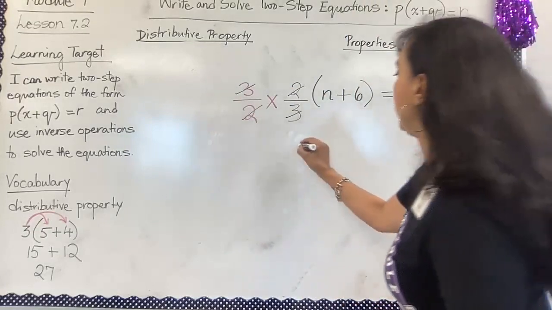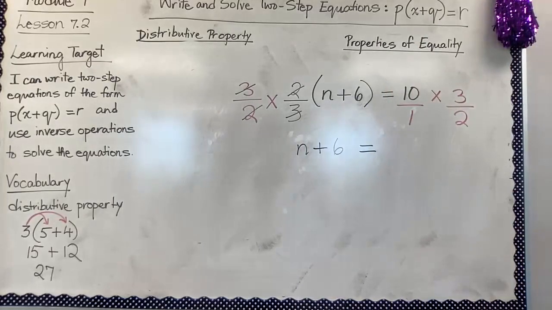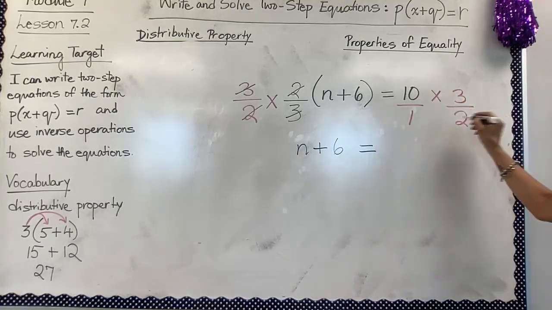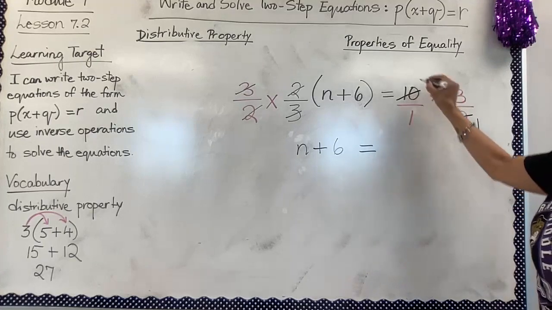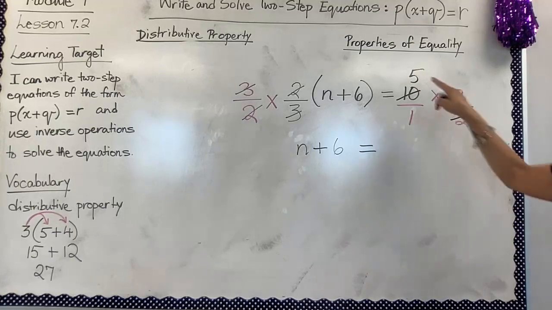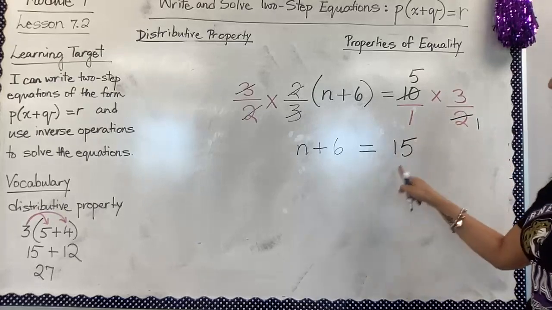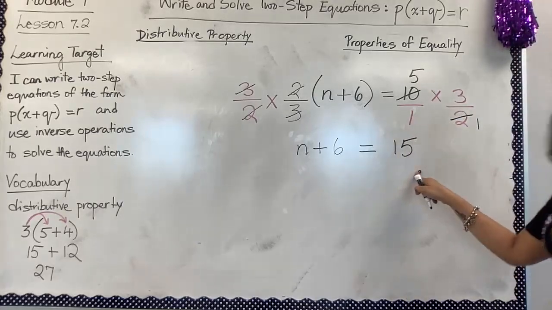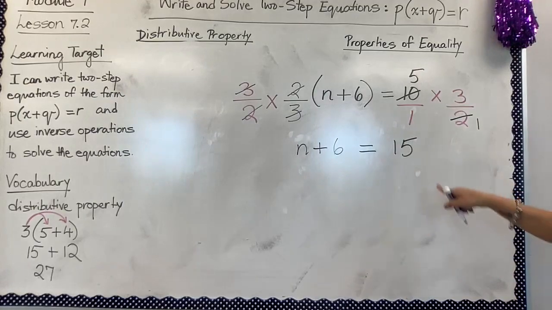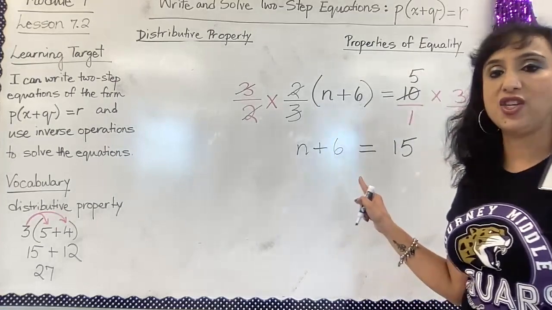So I'm left with n plus 6 is equal to, let's see, can I simplify anything from numerator to denominator? Absolutely. I can simplify the 10 and 2. So 2 divided by 2 is 1, and 10 divided by 2 is 5. And so I'm left with just 5 times 3, which is 15, over 1 times 1, which is over 1, which is actually 15. And now it is a one-step equation, and I'm looking at the plus 6, which is attached to the variable.